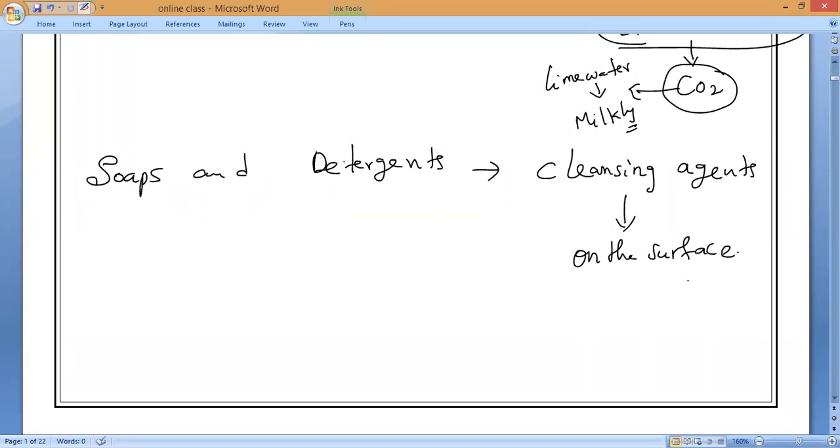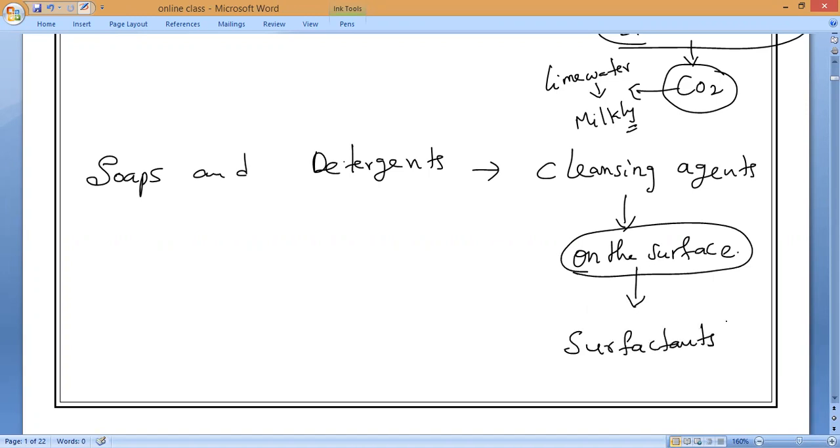That is why, since they work only on the surface, we call them surfactants. Remember that.